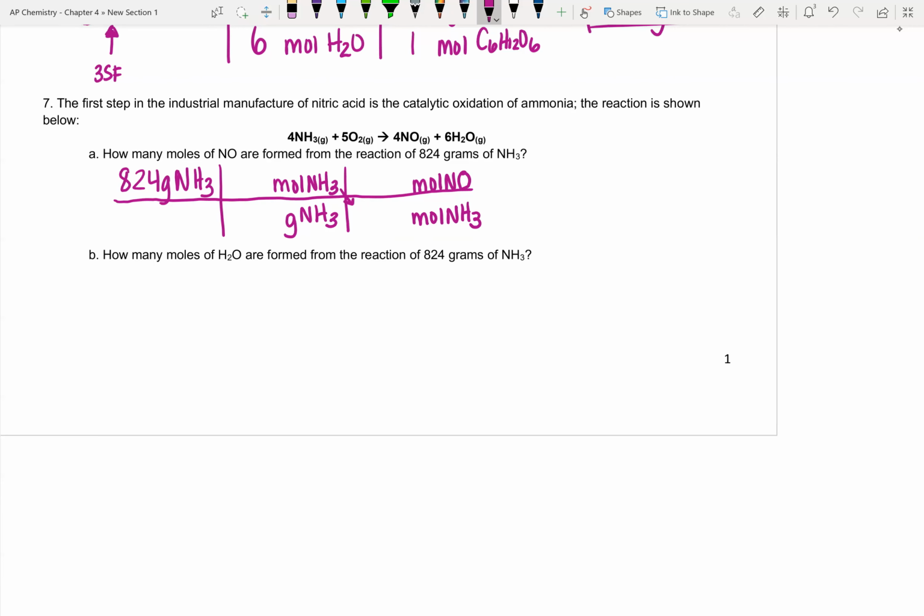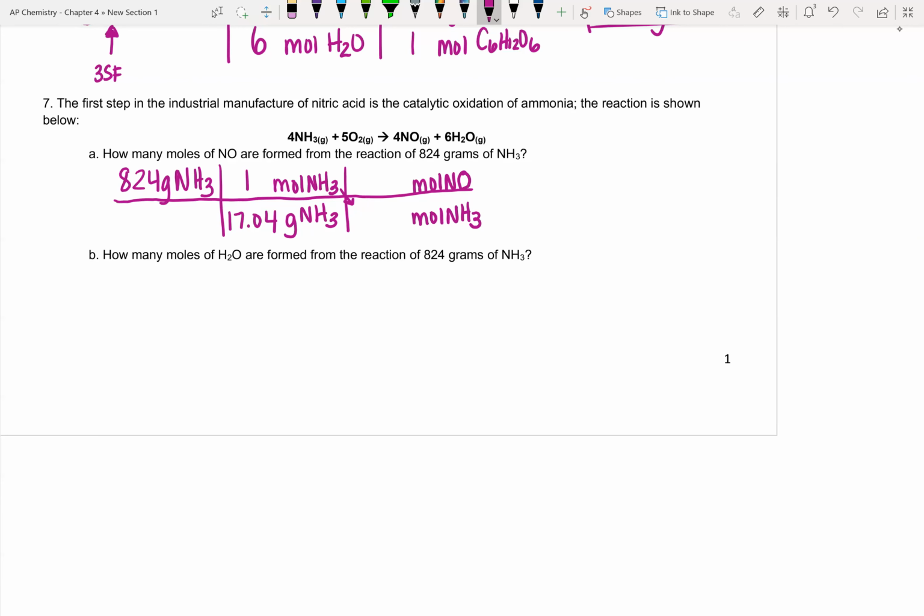What I'm solving for is moles of NO, and I'm ready to put my numbers in. Grams to moles, this is going to be the molar mass. Adding up the molar mass of ammonia, the number goes with the grams. 17.04 grams is what you should be adding up for every 1 mole.